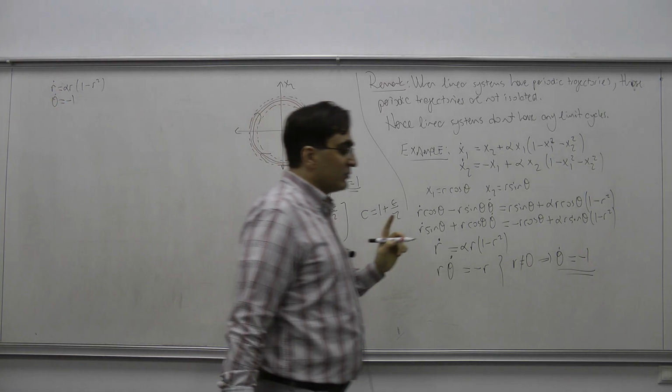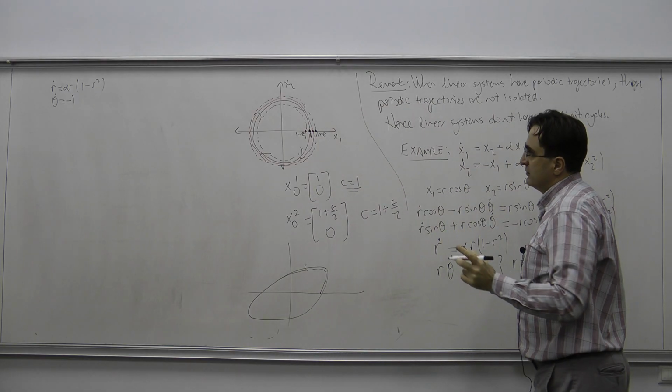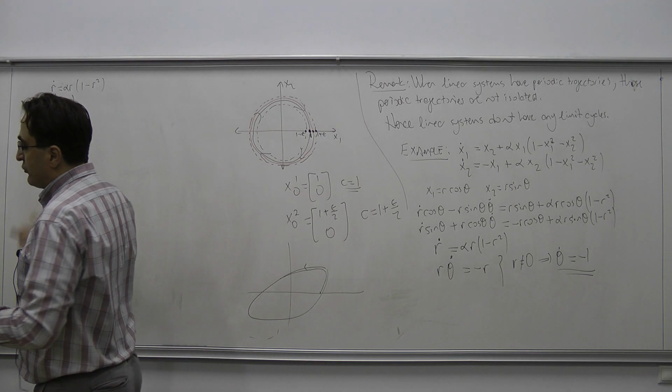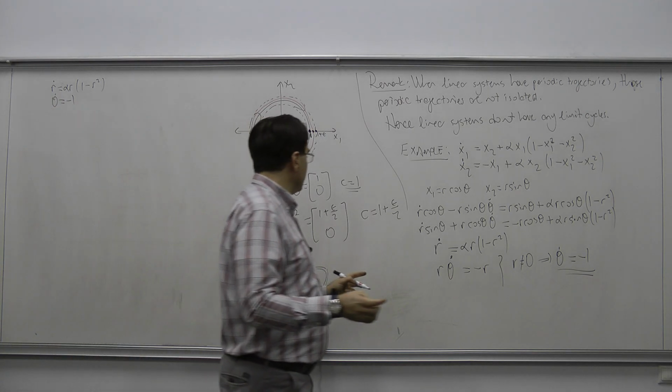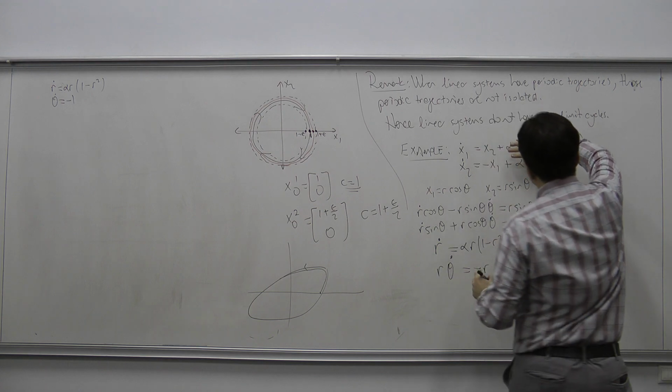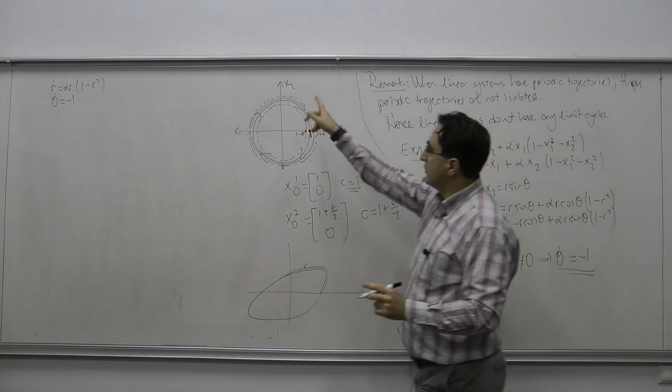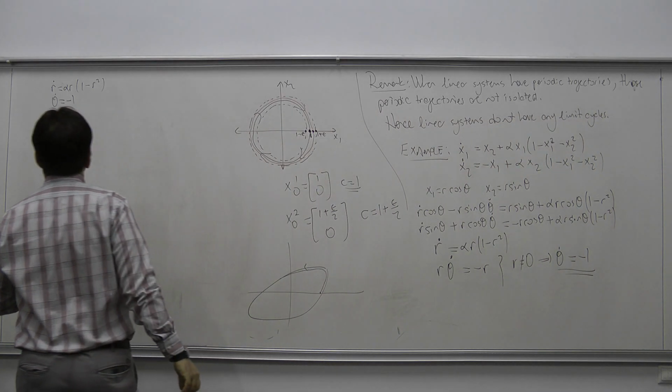So we see that we are always going to have a rotation. Theta dot is equal to minus 1. It tells us this, and that rotation is going to be clockwise rotation, just as the original linear system. Okay? So we have clockwise rotation.